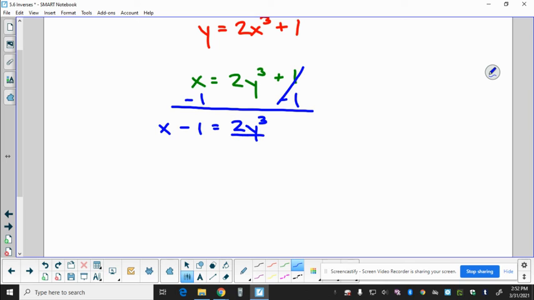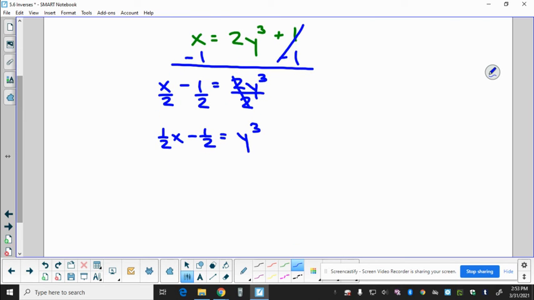Need to get rid of that 2 next, don't we? So maybe we'll write this as 1/2 x minus 1/2 equals y cubed. And then from what we've learned, how do we get rid of y cubed? Well, we take a cubed root, don't we? I don't know if I've got enough room here.